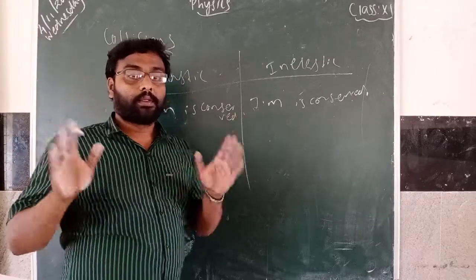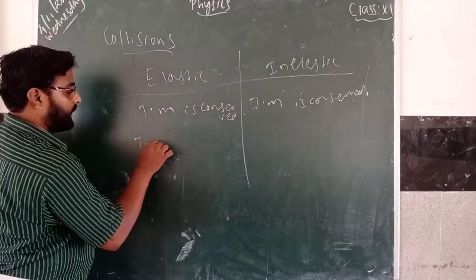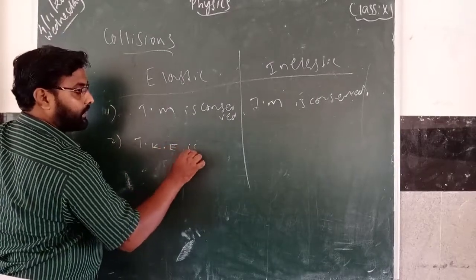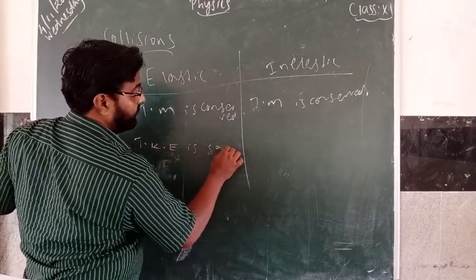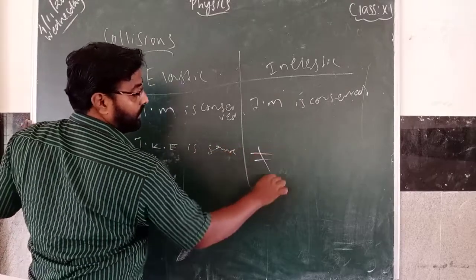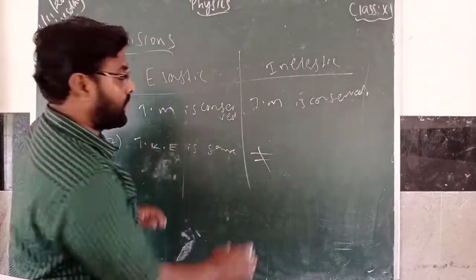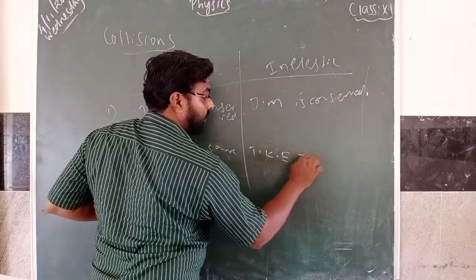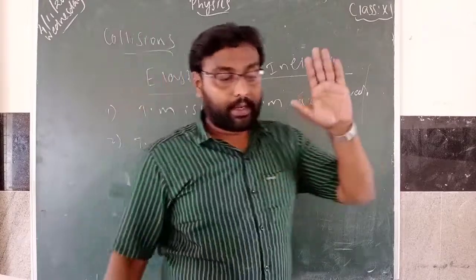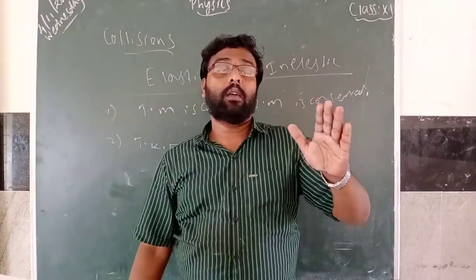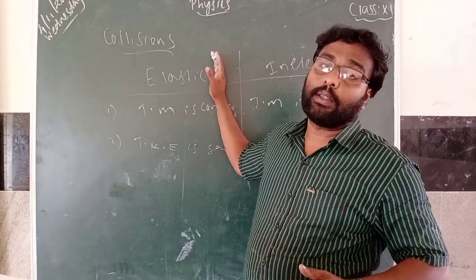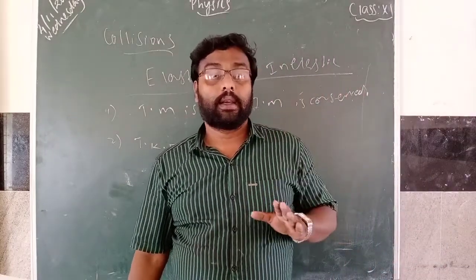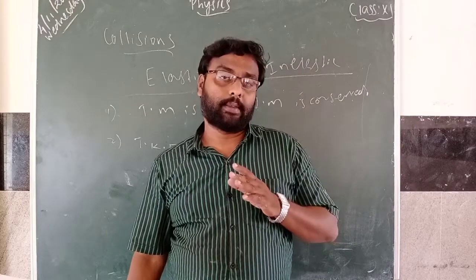Then total kinetic energy. In the first one, total kinetic energy is the same. But here it is not equal. Total kinetic energy is conserved in elastic collision. Total kinetic energy is not conserved in inelastic collision. That is the second comparison.